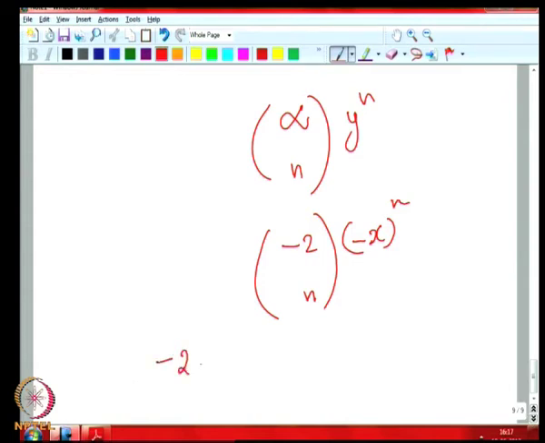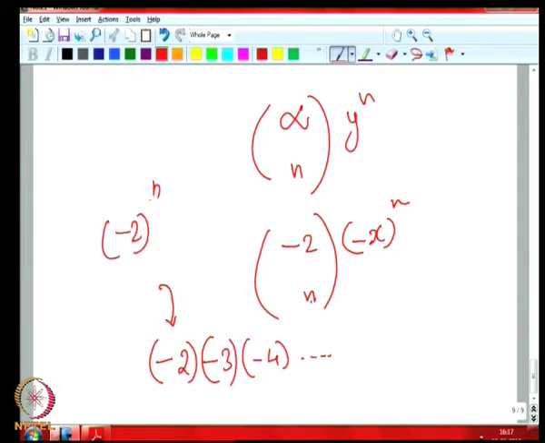This will be minus 2 into minus 3 into minus 4 and so on. Remember what we need is minus 2 falling factorial n divided by n factorial, that is what this is, right.